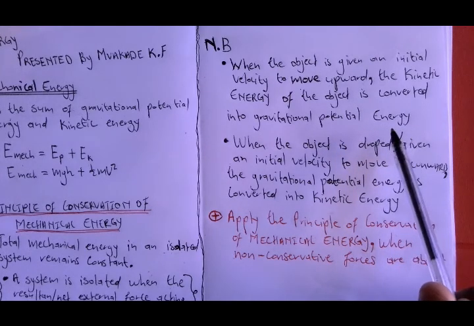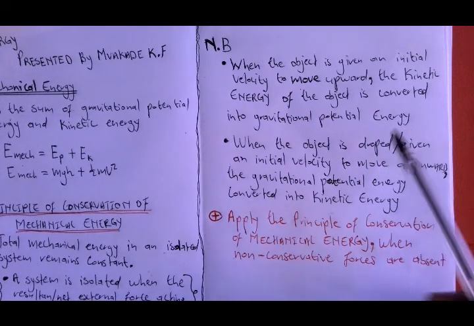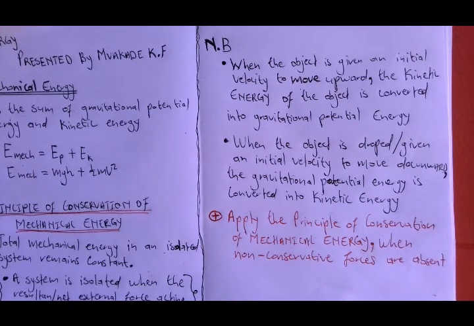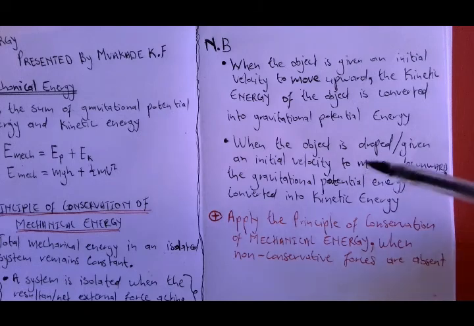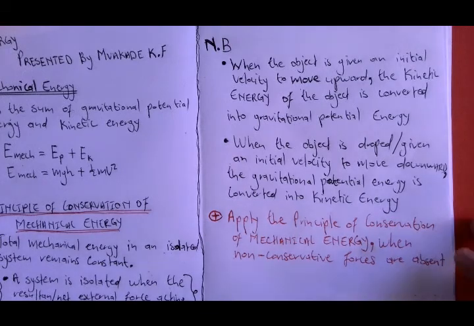As we all know, if an object is projected upward, its velocity will decrease. As the velocity decreases, the kinetic energy decreases. So the kinetic energy is being converted into gravitational potential energy.